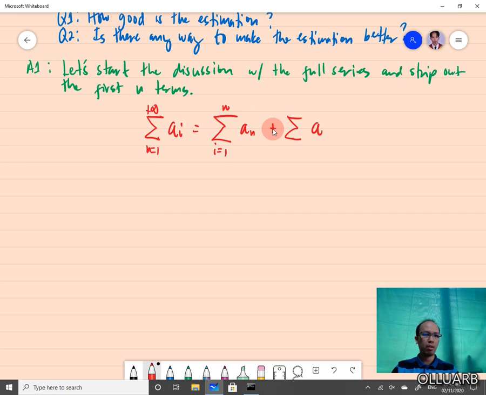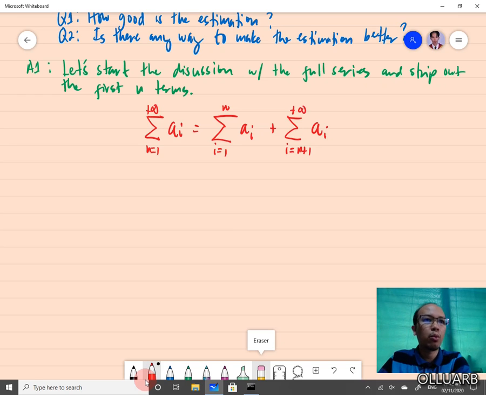From here, it starts from n plus 1 to positive infinity. Remember that we separate the left hand side. So this is the full series.